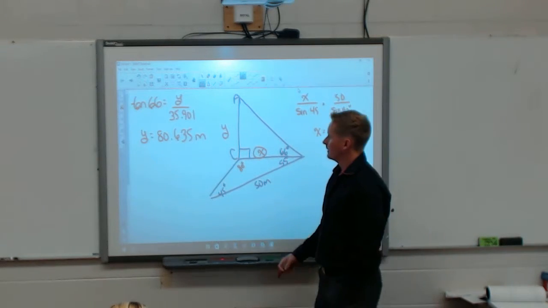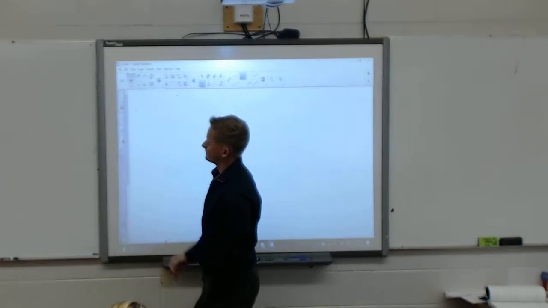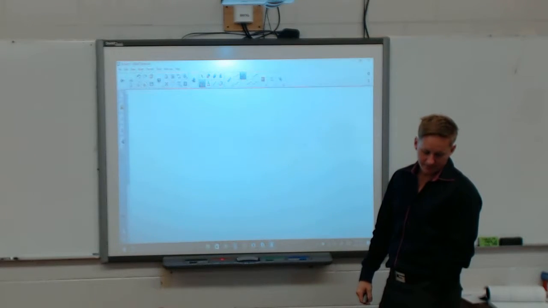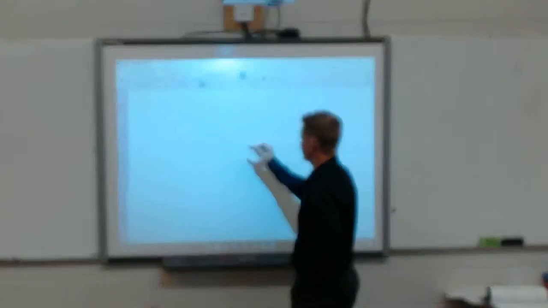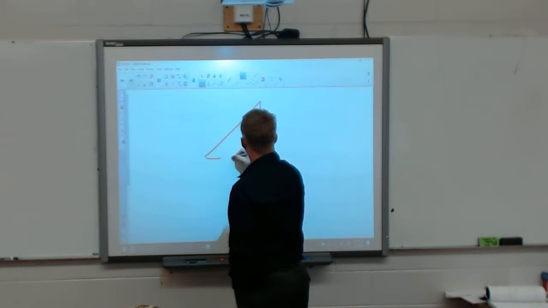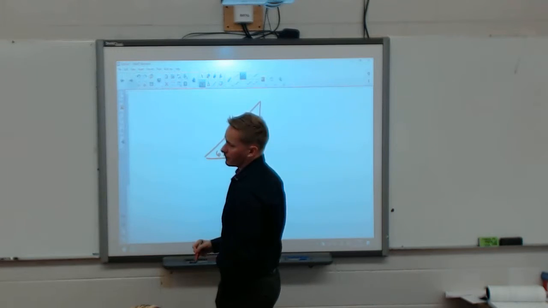Okay, let's look at question 3 on page 77. An engineer measures the angle of elevation to the top of a building at 65 degrees. Angle of elevation.